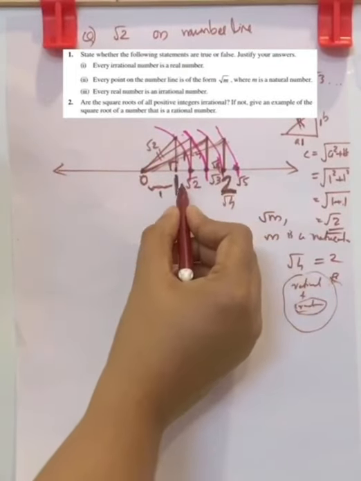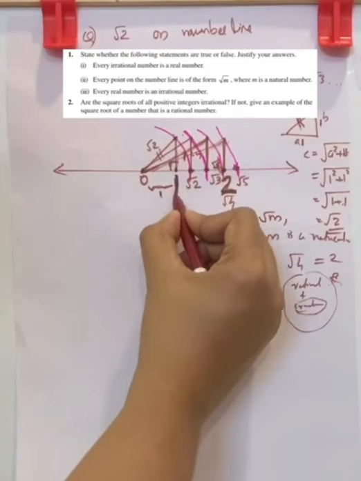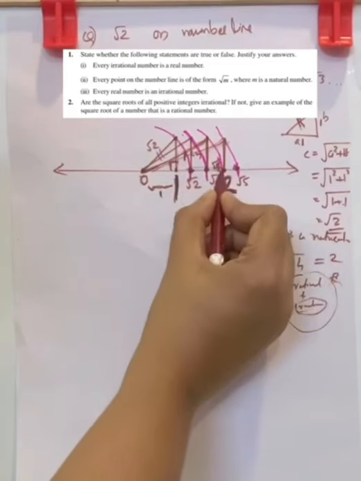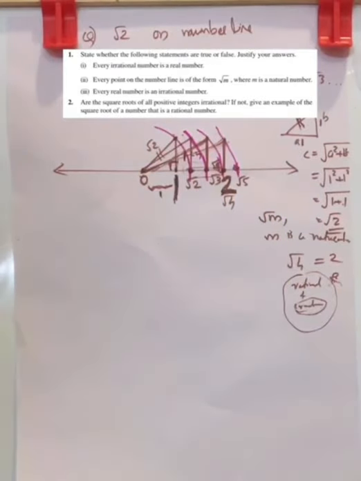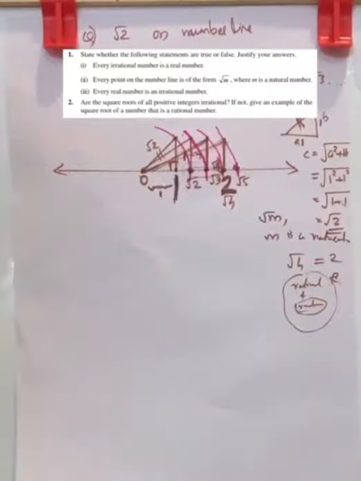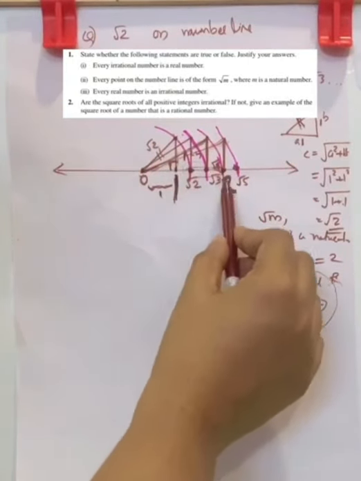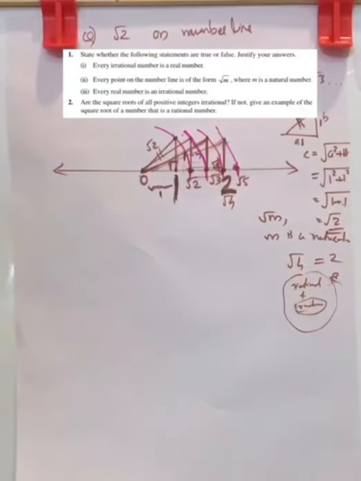But what about this root 2, root 3? Its value lies between two natural numbers, that is 1 and 2. The values are in between 1 and 2. So these values are not natural numbers. So you can't say every root m is a natural number, where m is a natural number.